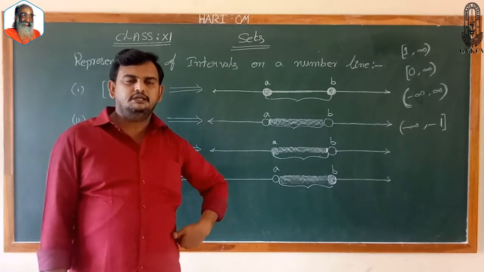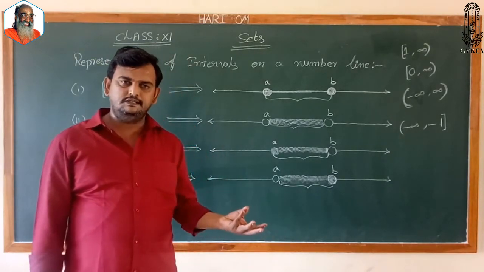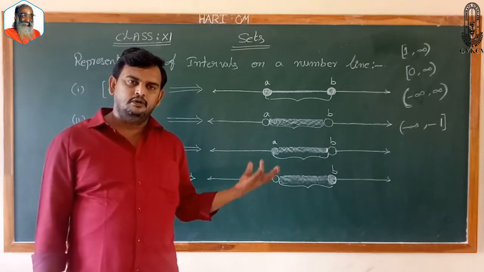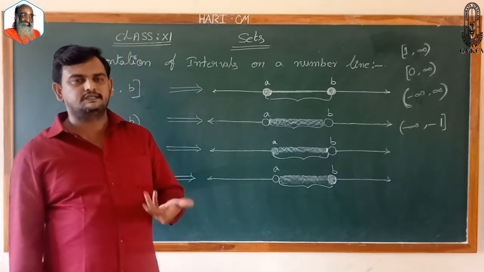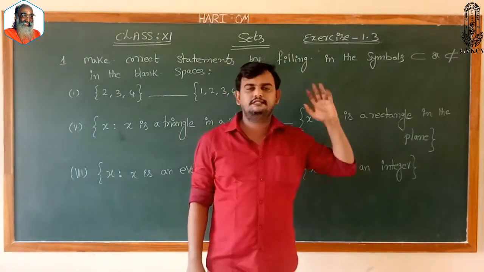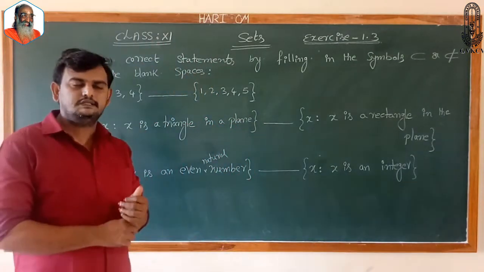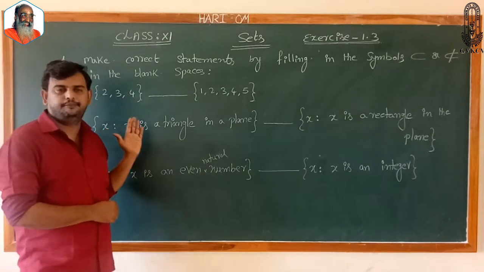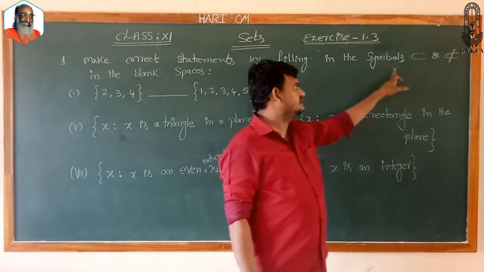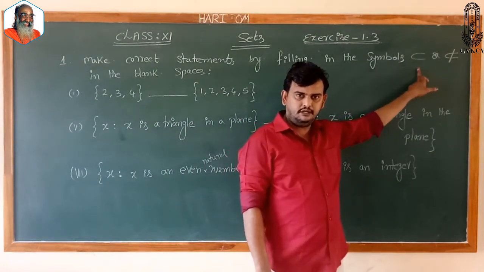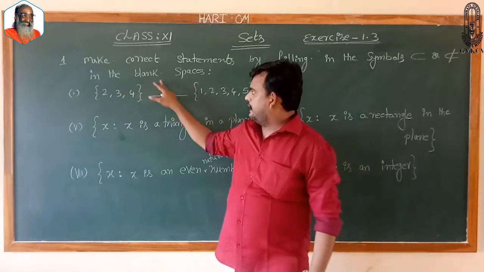Now, based on these intervals, let us have some problems. Subsets we discussed, intervals we know. Now, based on these subset concepts and interval concepts, let us have exercise problems. Let us discuss exercise 1.3. In this, the first Roman numeral says: make correct statements by filling in the symbols subset or not subset in the blank spaces.